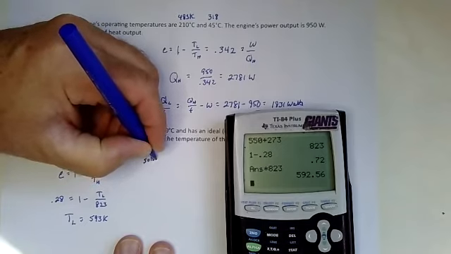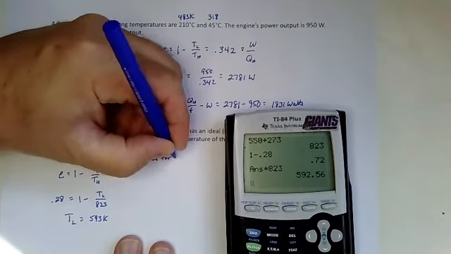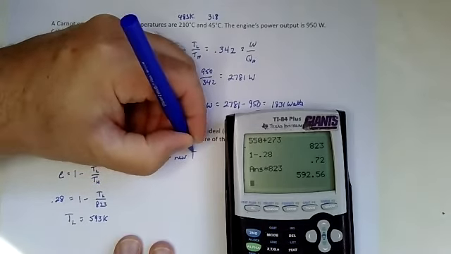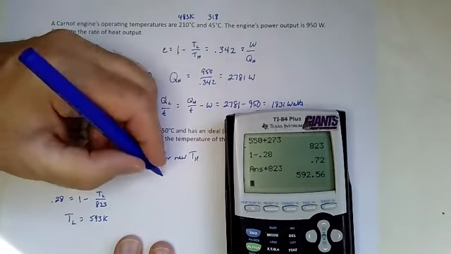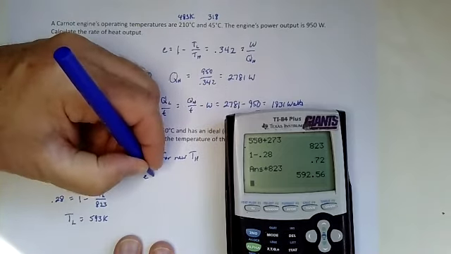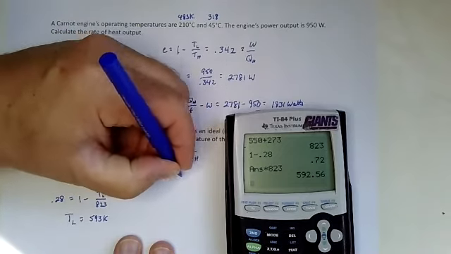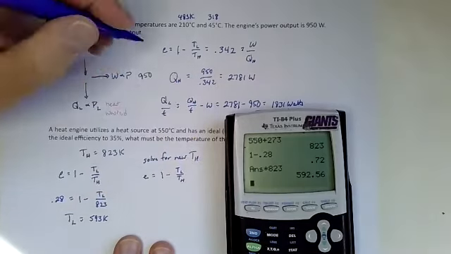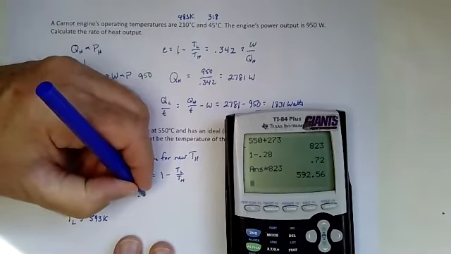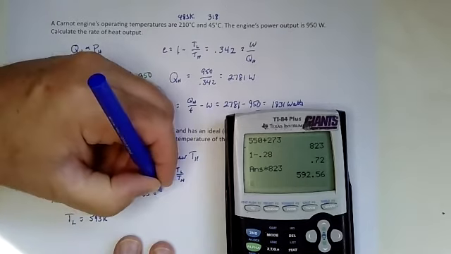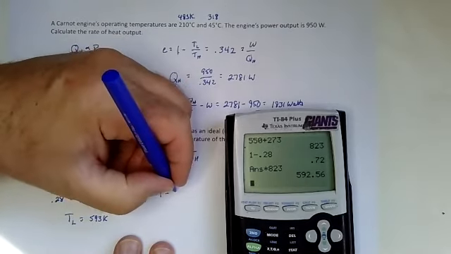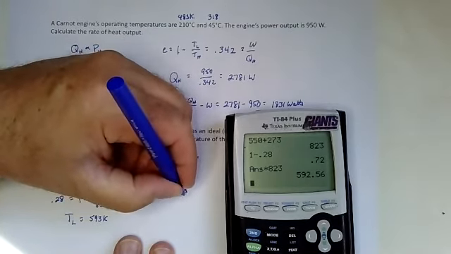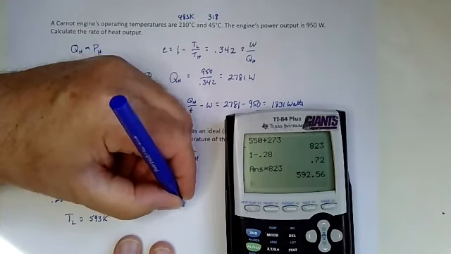So now we're going to solve for our new TH. So same thing, E equals 1 minus TL over TH. And we want it to be 35%, so that's 0.35. And the TL is 593. And that's what we're looking for.